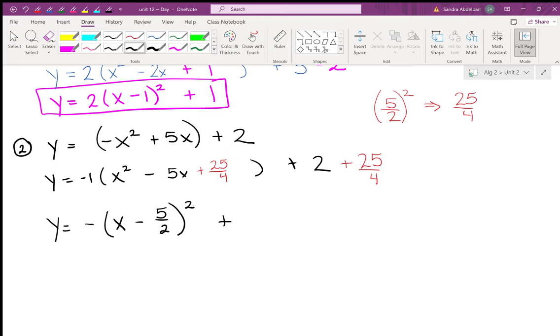And now on the outside of the parentheses, I want you to create a common denominator. So we are going to be 8 over 4 plus 25 over 4. So we're going to have y equals the negation of x minus 5/2 squared plus 33 over 4.